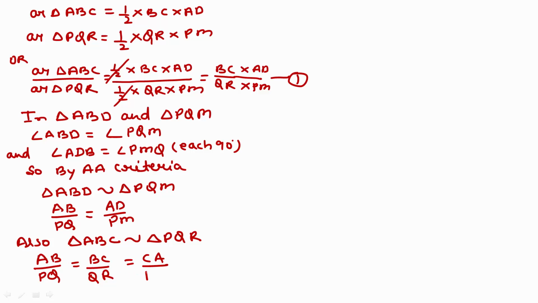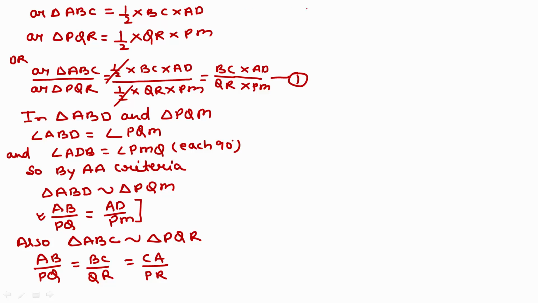So now you can see that AD upon PM is equal to AB upon PQ, and AB upon PQ is equal to BC upon QR. So we can replace AD upon PM with BC upon QR in equation number first.